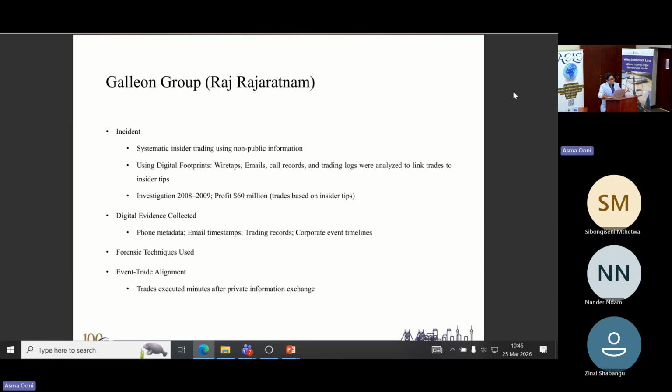So again, this is more evidence-based. For event-trade alignment, they looked at when it was executed versus when it was announced. If something happens before that, it is very easy to track that you are using insider information to manipulate it.